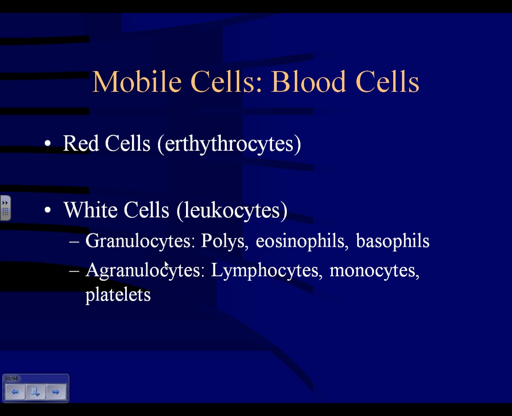Okay, just a few slides about mobile cells and blood cells, and you're going to have more lectures on lymph nodes and morphology, but this is just to introduce you to the concept. So red cells, or erythrocytes, erythro means red, and leukocytes, leuko means white.